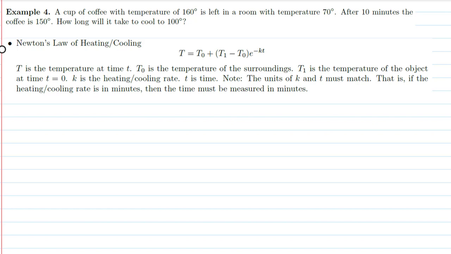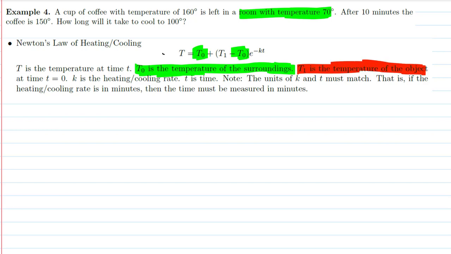All right. So in our equation, we're going to use this model, but we need to identify some of our things. T naught is the temperature of the surroundings, or room temperature, so that's going to be 70 degrees. And T1 is the temperature of the object at the beginning. Well, that was the temperature of the coffee when this all started, which is 160 degrees.